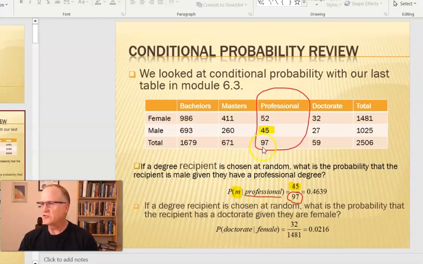So we took the total for the professional degrees and put it in the denominator, and then within the family, within that circle, we went looking for the males. Within that circle, the number of males was 45, and we got a 46% probability. So this is how we dealt with conditional probability in the discrete world. Let's see how that could transfer over to the system that we're using now.